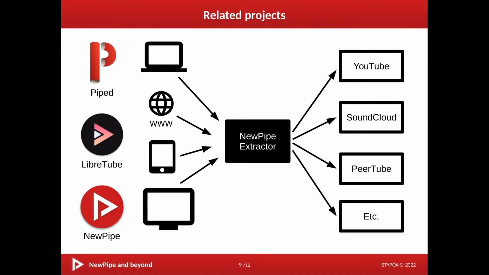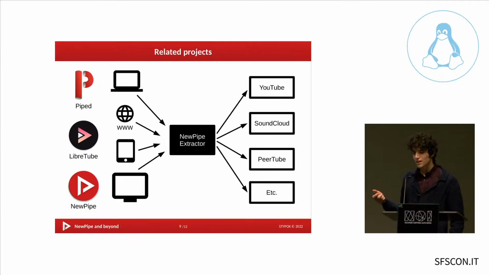So obviously NewPipe uses it, but also Piped, which is a web alternative to NewPipe, and LibreTube, which is really similar to NewPipe. It also works on Android. It has some different features and a better graphics probably, but yeah, it still has less features.